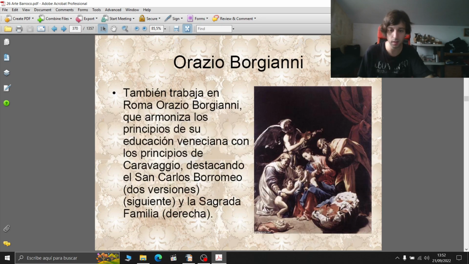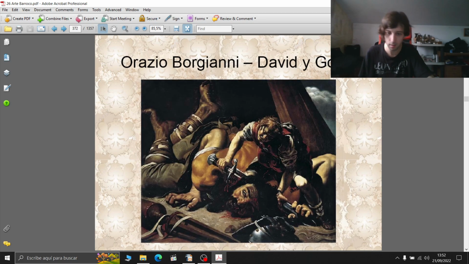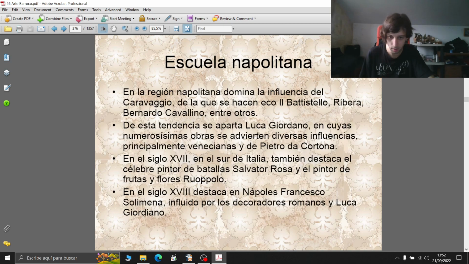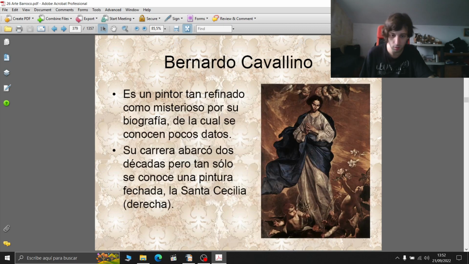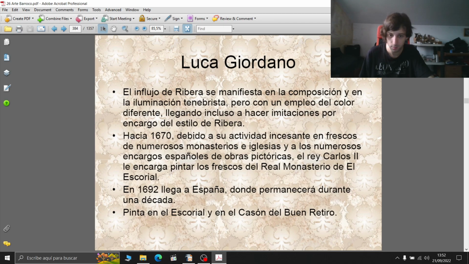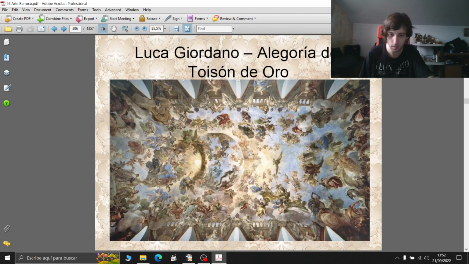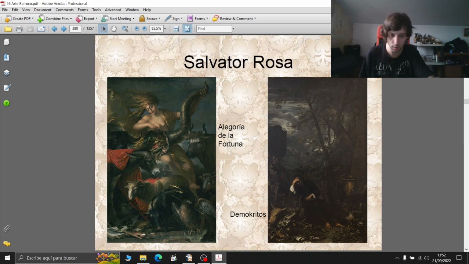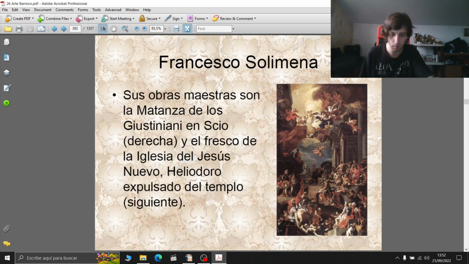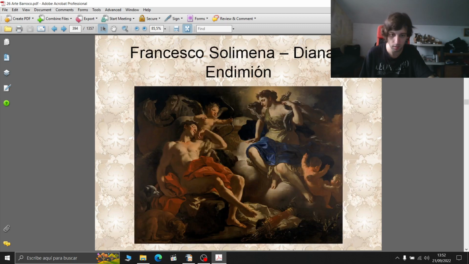Bartolomeo Manfredi, Orazio Borgianni, Andrea Sacchi, Pietro da Cortona, Battistello, Bernardo Cavallino, Luca Giordano, Salvatore Rosa, Ruoppolo, and Francesco Solimena.